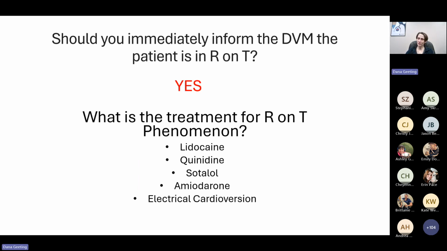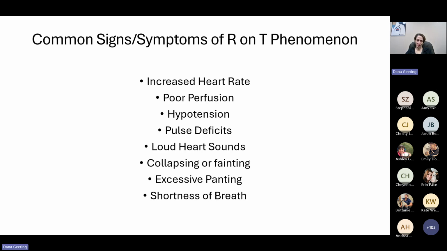And yes, this is certainly something that you want to inform your primary vet or your doctor about, because again, it can send the patient into a critical heart rhythm. And then amiodarone, electrical cardioversion, sotalol, lidocaine, and quinidine are some of your more common treatments for the R-on-T phenomenon.